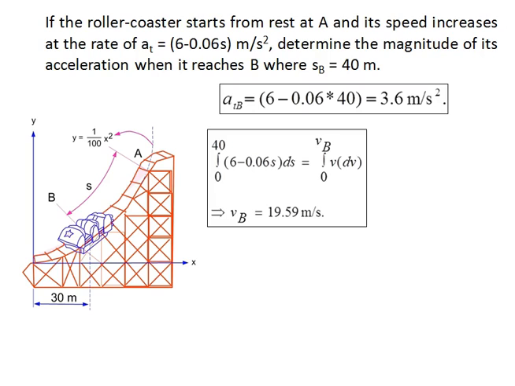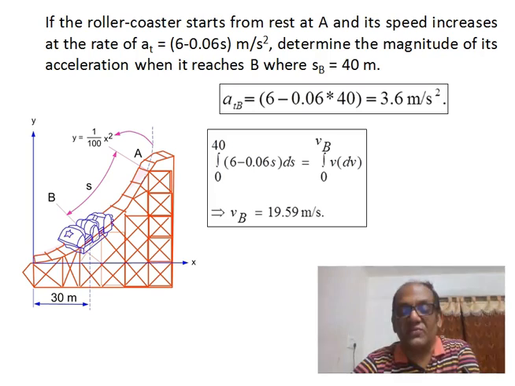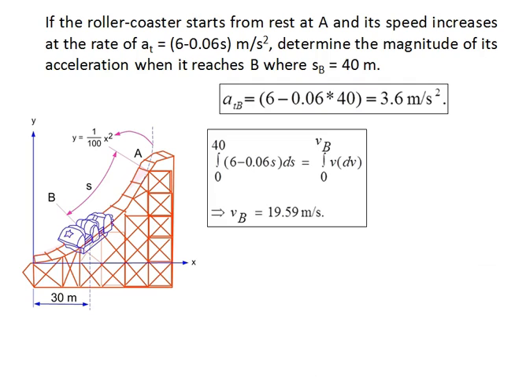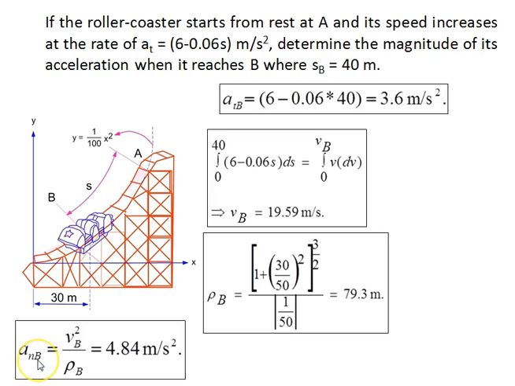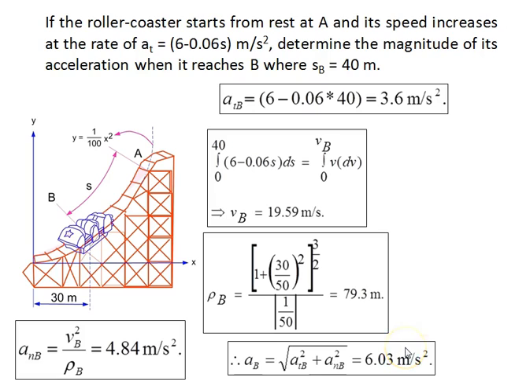As you notice, I'm trying to give an outline of the solution and let you compute the final result and verify whether everything is fine or not. Then we'll find the radius of curvature at point B using the equation y equals 1 by 100 x squared, and then we'll compute the normal component of acceleration, and then we'll write total acceleration as the square root of the tangential component squared plus the normal component squared.